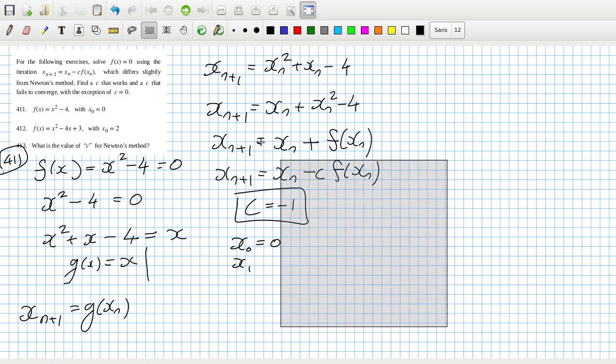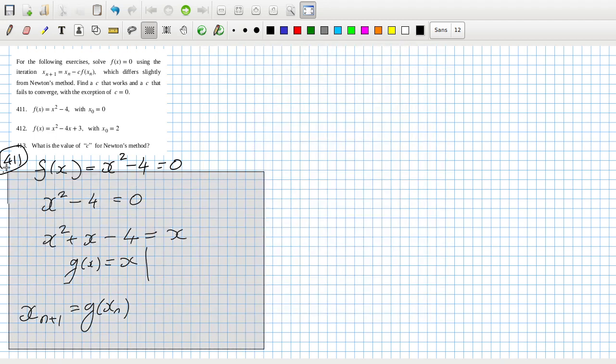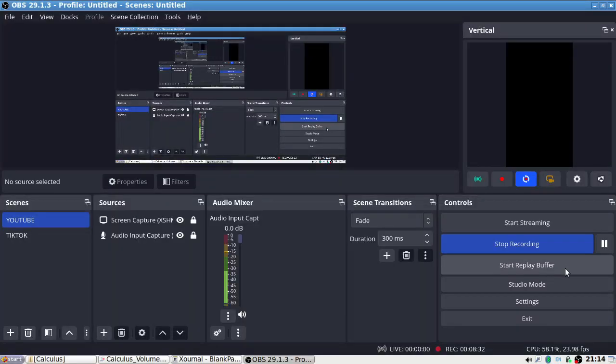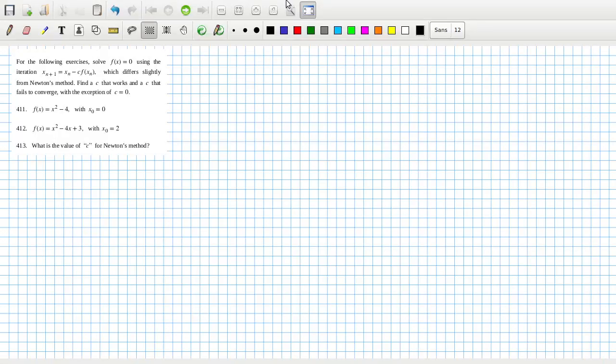Let's try it again, and I'll pause again. So I think the problem is the c. Maybe I have to take just this as a starting point and try and figure out the c later. So let's try this again. xn plus 1 equals xn minus c times xn squared minus 4.